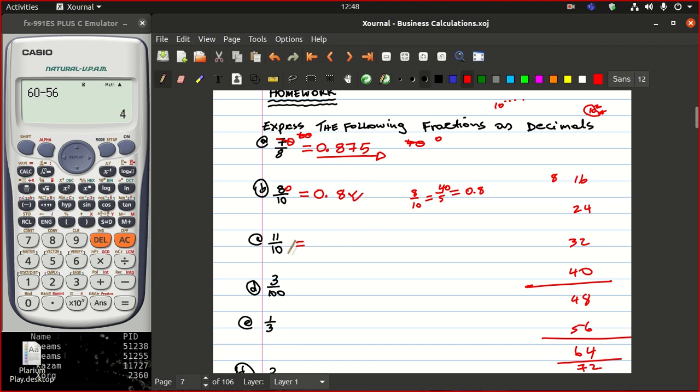And then when it comes to this one here, you just ask yourself how many 10s are in 11. You find out actually that to find the number of 10s in 11, I have 10. So there is 1 10 in 11, I can get it. And then after that, I will get a remainder. So to say that there is a remainder, I place a dot there, or a decimal point.